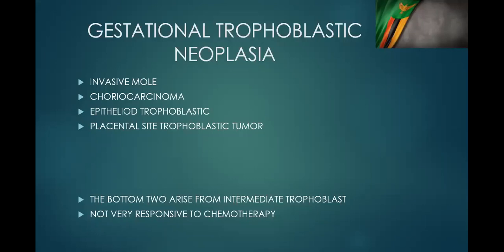We'll explain how that is done. But you'll see that in these particular patients, the beta HCG is not going down after the pregnancy event, whether it was a molar or a term pregnancy. After the pregnancy is gone, the beta HCG is not going down.